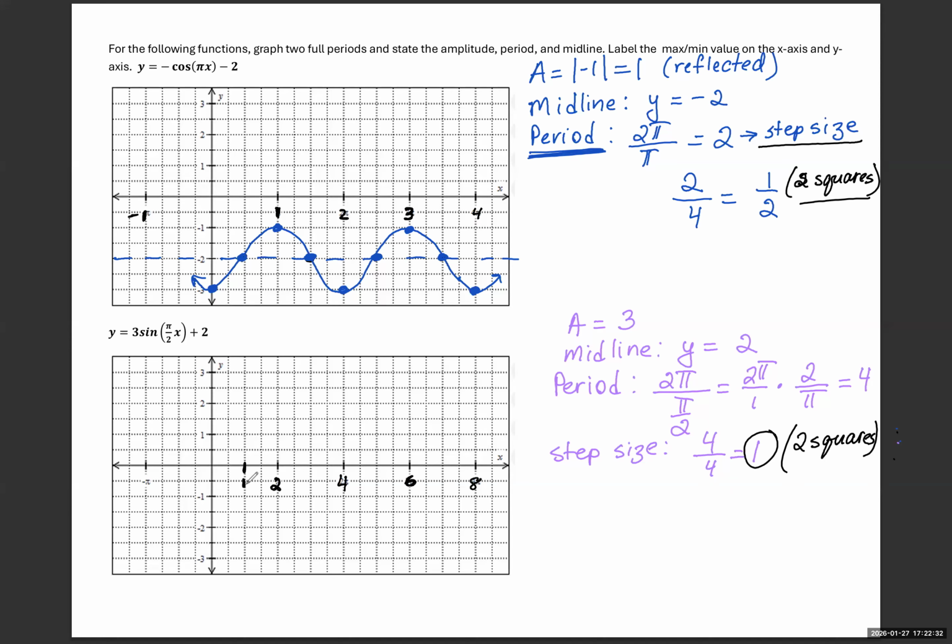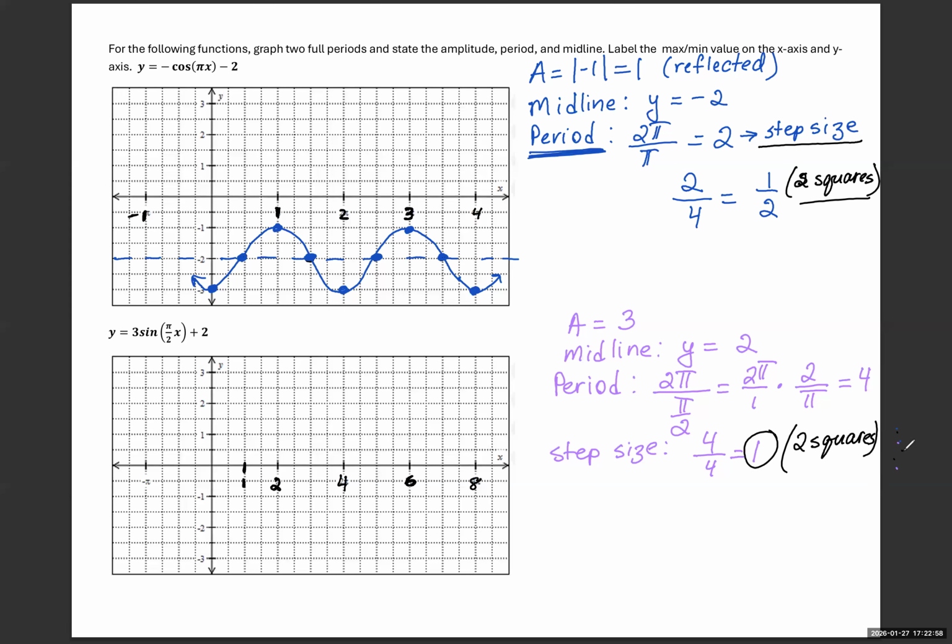All right, now the y-axis. My midline, let me go ahead and graph the midline real quick. My midline is at y equals 2. Oh, I don't want to graph it over there. I do want to switch the labels first. They're not going to work because my amplitude is 3, and if I put the midline at 2, I'm not going to have enough squares to go up 3.